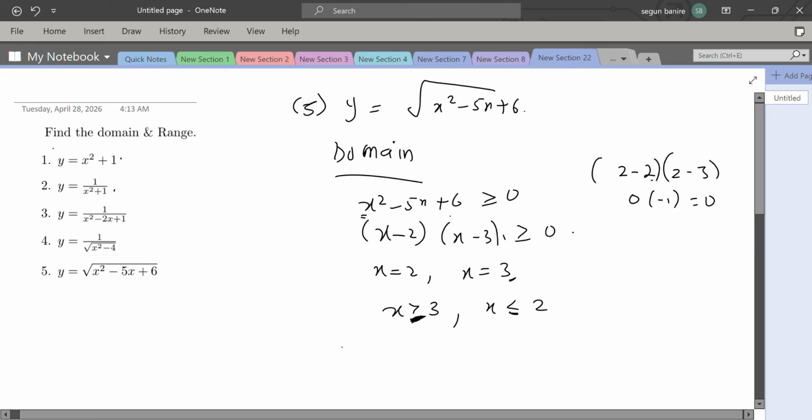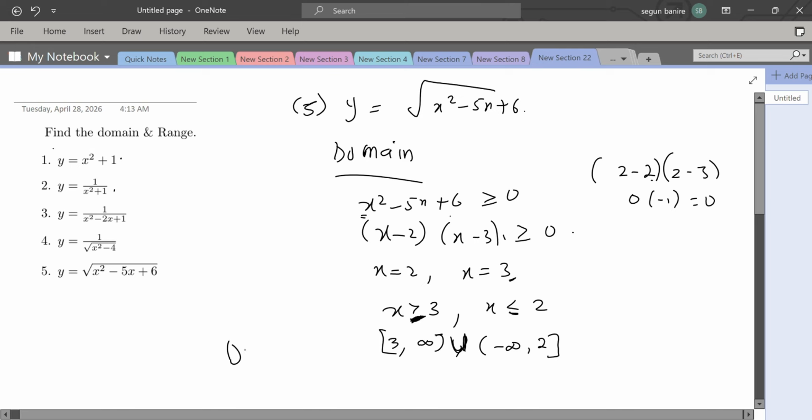So the domain of this function will be, since s is greater than or equal to 3, that will be 3 to infinity. 3 is included, and this one will be negative infinity to 2. 2 is also included. Okay, so it will be the union of both of them.